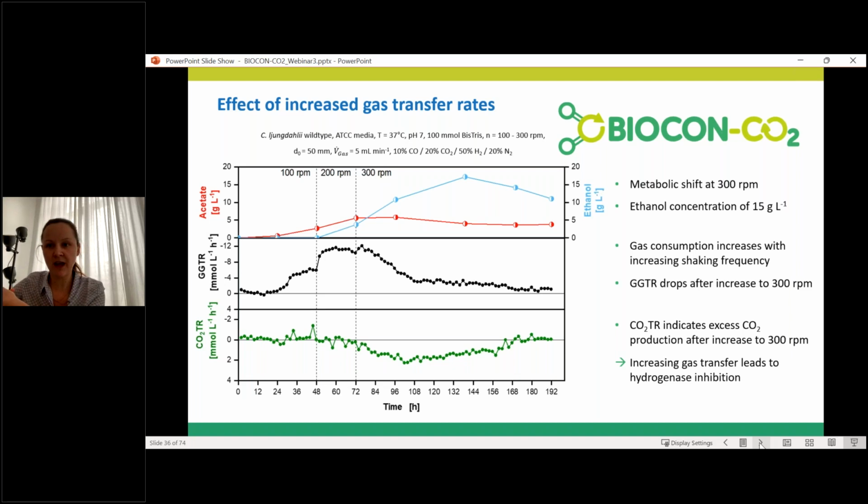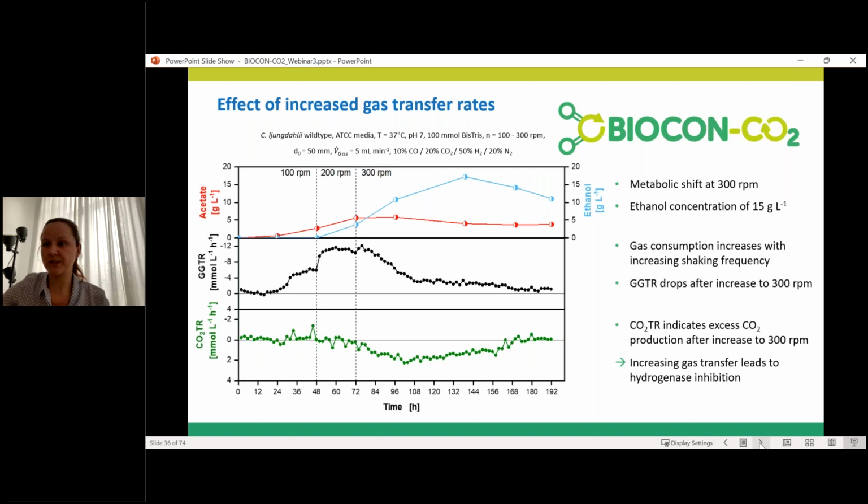But since we have additional hydrogen in the system, the carbon dioxide produced by the organism itself is already consumed with the additional hydrogen. So this is what excess carbon dioxide consumption means. But if we see the increase to 300 RPM, the organism shifts and we see an increased carbon dioxide production.